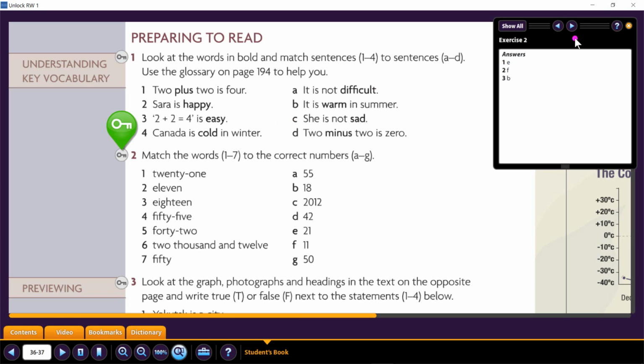What do you think? 4 with A. 42. What do you think? 5 with D. 2012. What do you think? 6 with C. And finally, 57 with G. So, ladies, you can pause the video to check your answers, and then come back again.